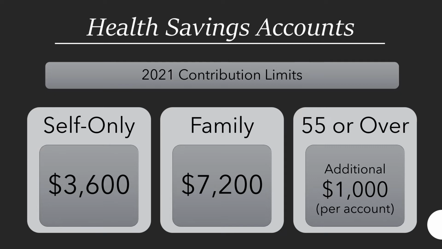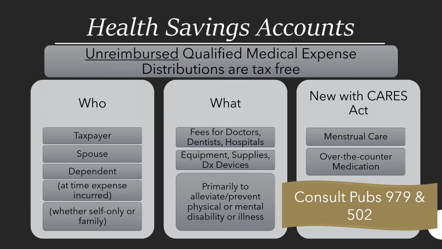And again, if it's a married situation, each spouse is measured by their own age, so it's on an individual level for that. But these contribution limits are for 2021, so in 2022, expect to see something slightly different. So that's the contribution side.